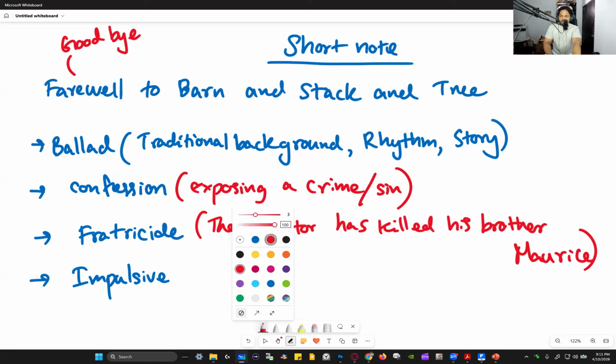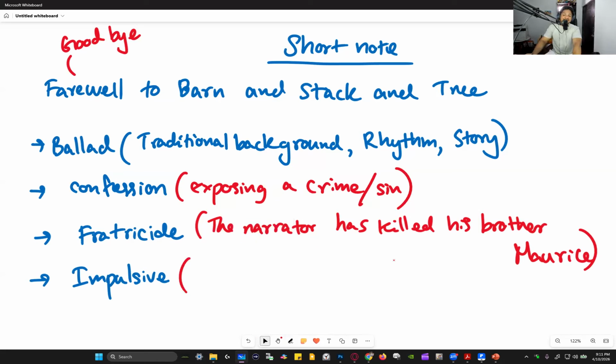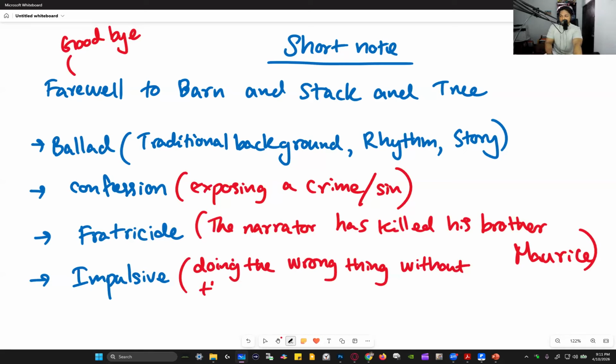What do you mean by impulsive? Impulsive means doing the wrong thing without thinking. If you kill a brother, it's called fratricide. If you kill a sister, it's called sororicide. But we only care about fratricide.